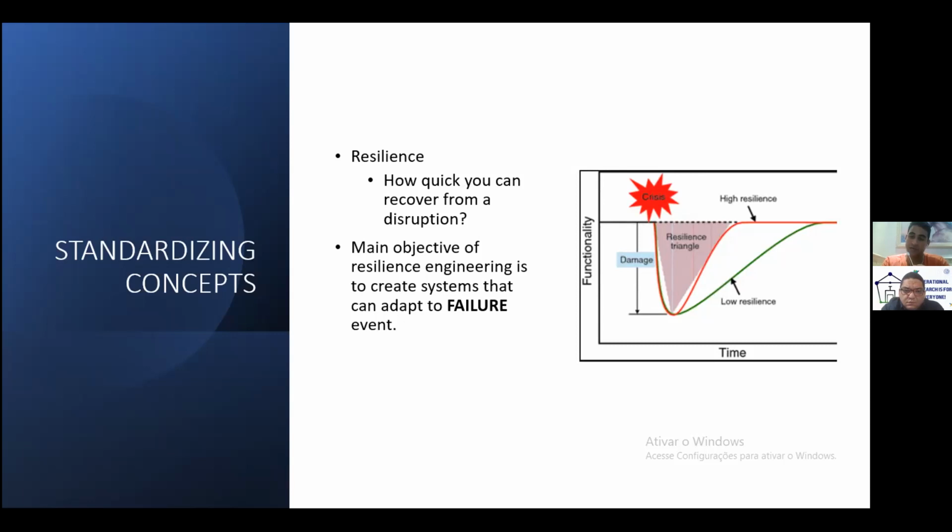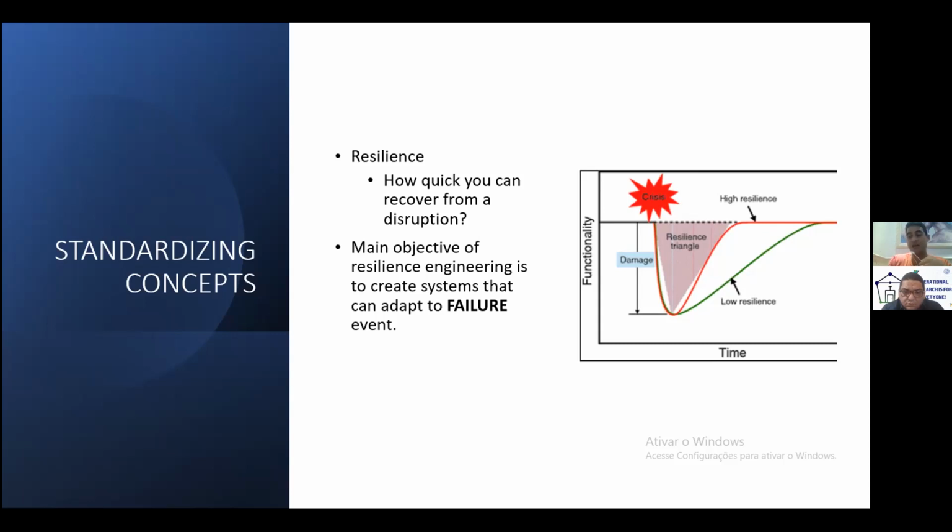Whenever a crisis occurs, we have this damage, and then we have the resilience triangle, which means the amount of time that you need to recover after a crisis, or after an accident, or after a disruptive event.